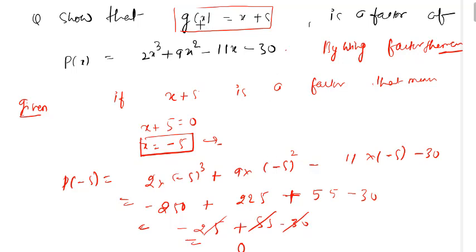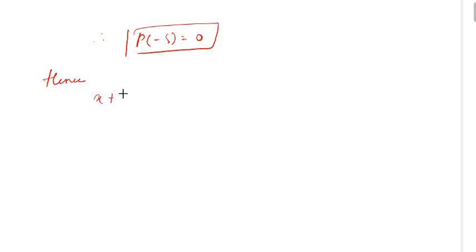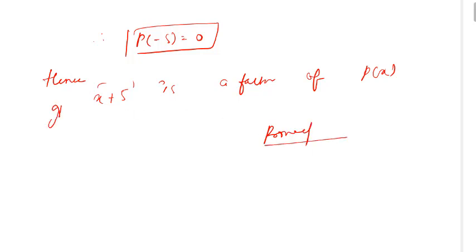So are you getting or not? P of minus 5 becoming 0. Therefore p of minus 5 is 0, hence we can say x plus 5 is a factor of p of x. Okay, proved. Hence proved. So this is the way you have to solve these kinds of questions.